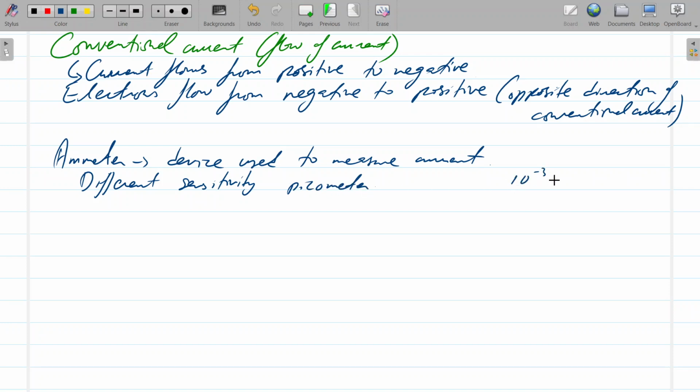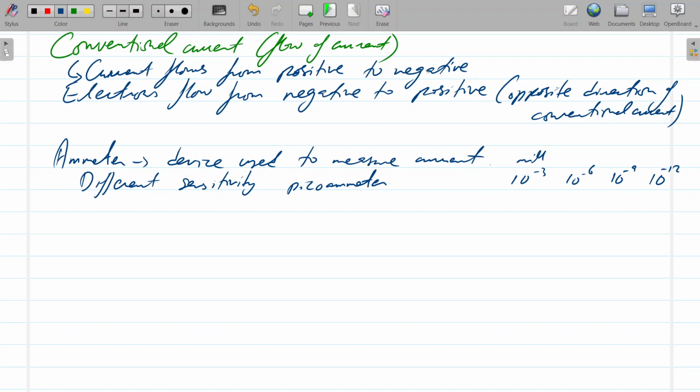So milli is 10 to the power minus 3, micro is 10 to the power minus 6, nano is 10 to the power minus 9, I believe, and pico should be 10 to the power minus 12, if I'm not mistaken.